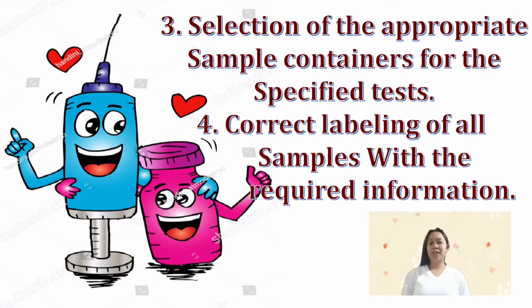The third duty of a phlebotomist is the selection of appropriate sample containers for the specified test. So it is really important for a phlebotomist to have appropriate sample containers for the specified test for sample preservation. So kapag si phlebotomist gumamit ng wrong container or incorrect container, it will lead to errors doon sa results.